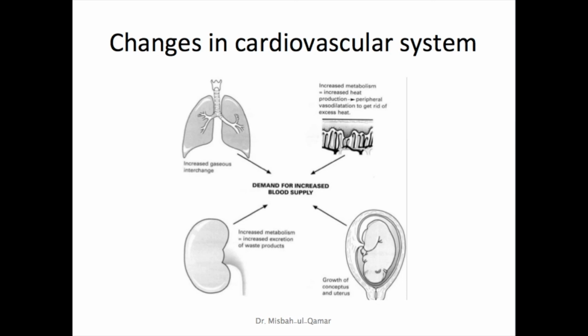Let's see now the changes in the maternal circulatory system during pregnancy. Blood flow through the placenta is around 625 milliliters per minute during the last month of pregnancy.